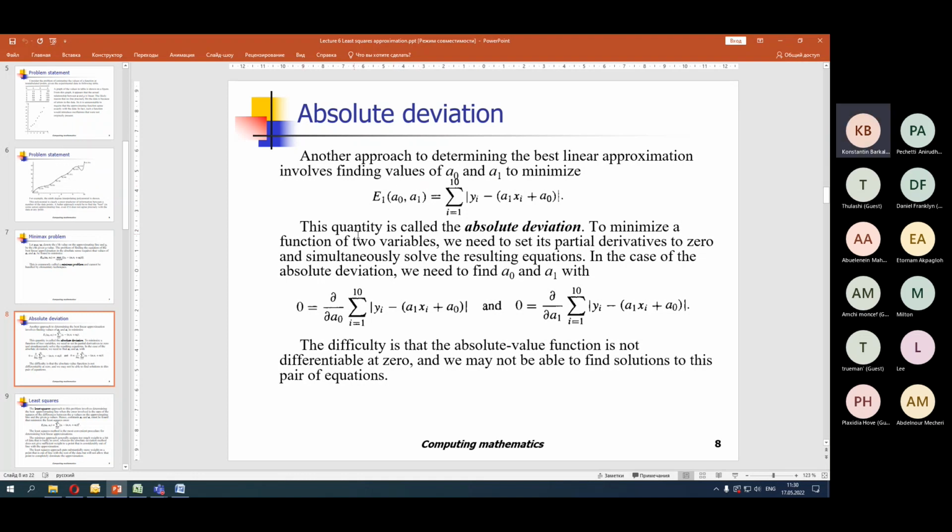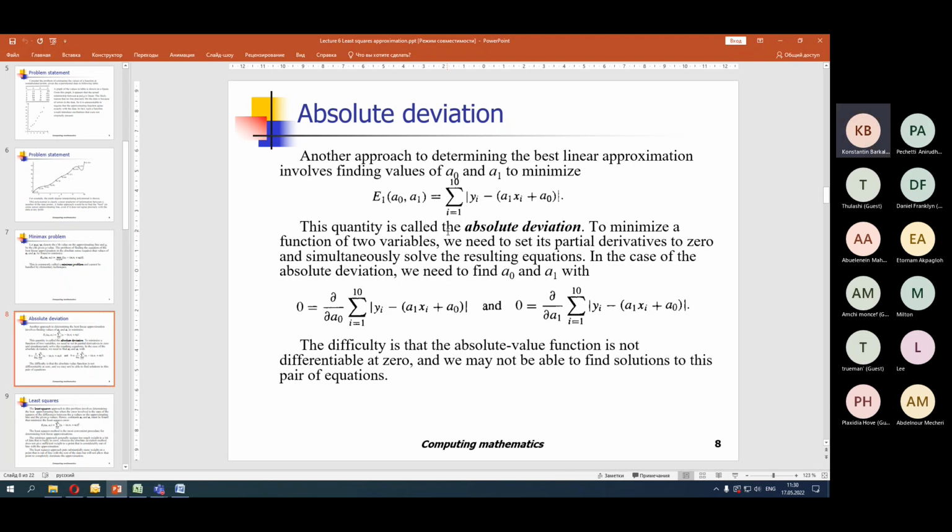And this quantity is called the absolute deviation. The task is to find such a0 and a1 that minimize the absolute deviation.